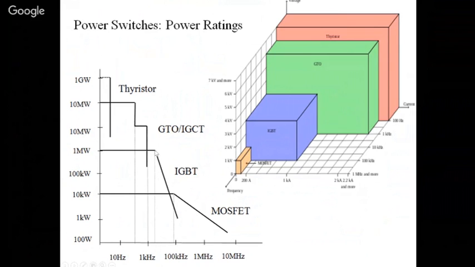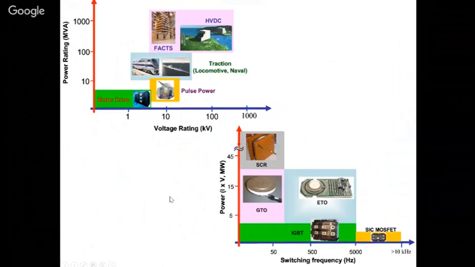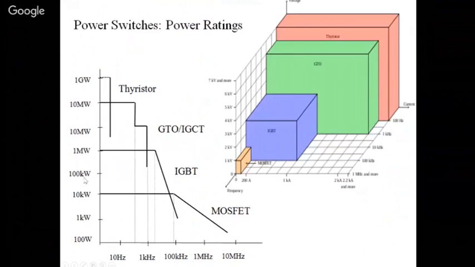Beyond that, the graph is drooping. In many applications, when the frequency goes high, the power level also decreases. Around 100 kilohertz, you can use only around 3 to 4 kilowatts. So that limitation is there. Around 1 megawatt, at around 3 to 4 kilohertz, you can use IGBTs.